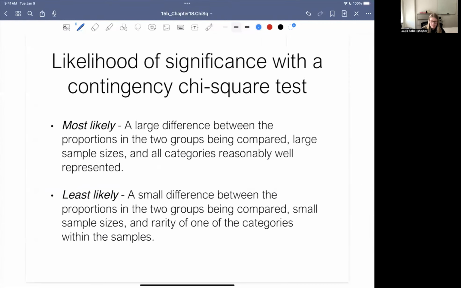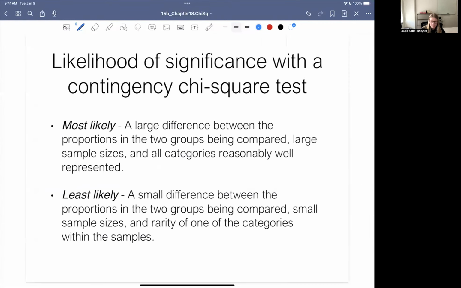To summarize what that table is saying, what things lead to a significance when comparing two groups? A large difference, a large sample size, and all categories being reasonably well represented. So if it's two levels of categories, it's 50-50. If it's three levels, it's 33, 33, 33, or something similar.